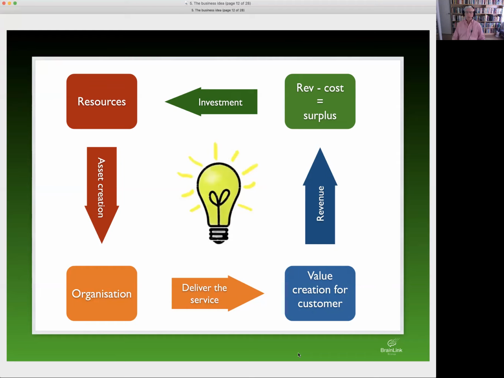Now, when we talk about the business idea, we're talking about that particular element over there. The value that is created for the customer through the delivery of whatever service or product you actually are delivering. So in a sense, it's your ability to create value for the customer, the nature of that value. This is what we mean by the business idea.